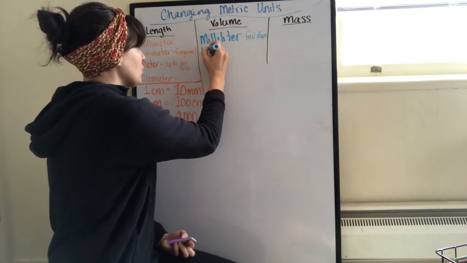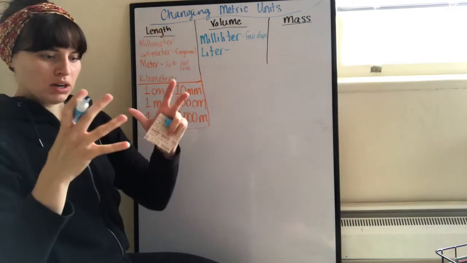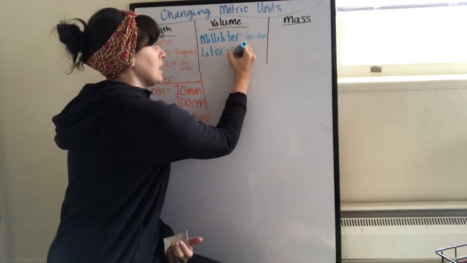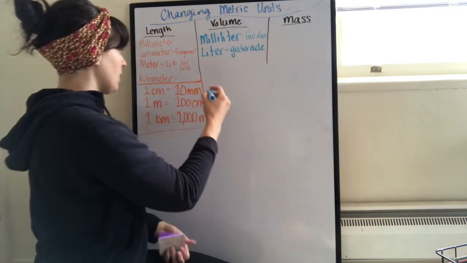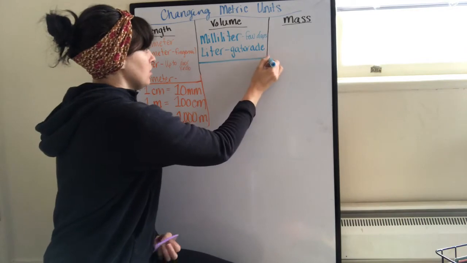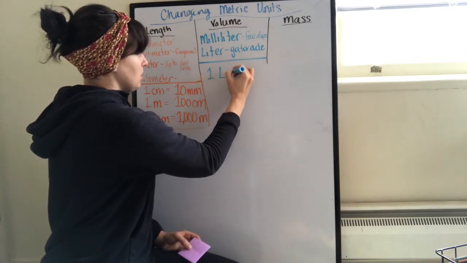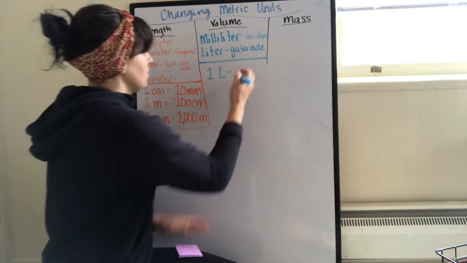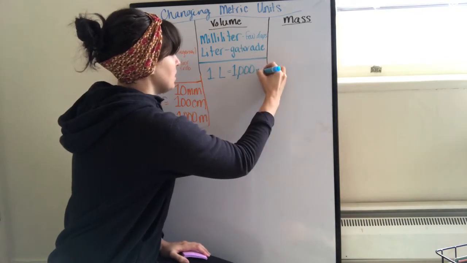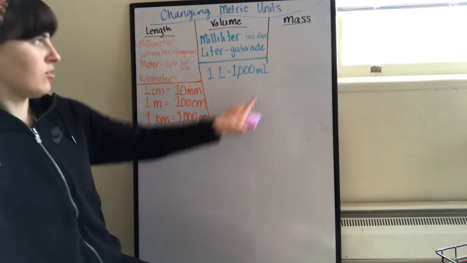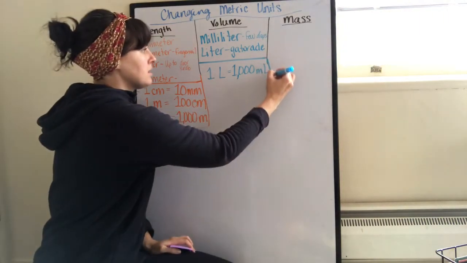And then a liter, remember a liter, not quite as big as a 2-liter bottle of soda, but we drew a Gatorade. And then our little key for this is going to be 1 liter equals 1,000 milliliters. And for milliliter, we write M and a capital L. So that's going to be our key to help us.